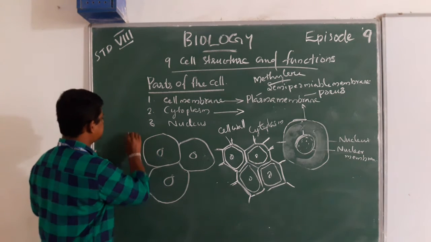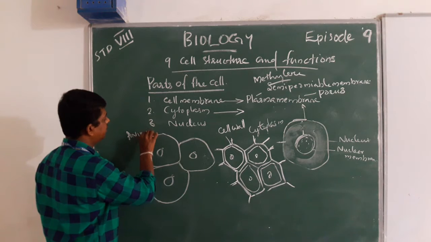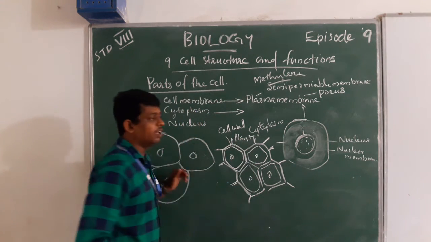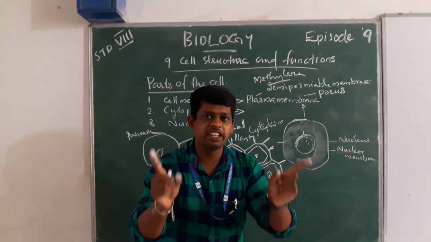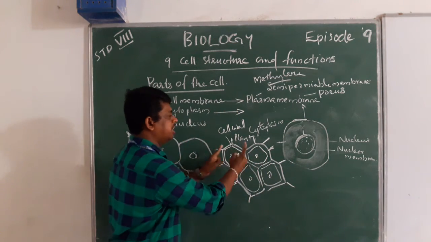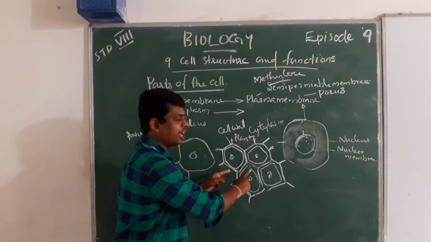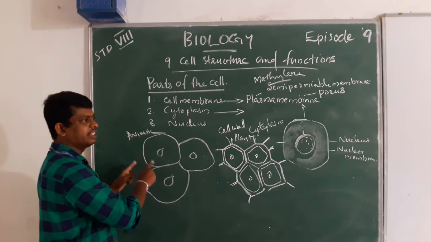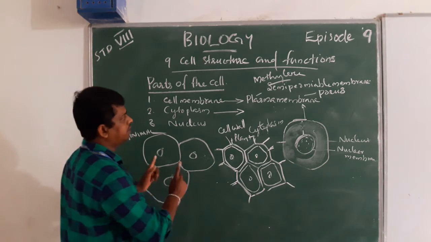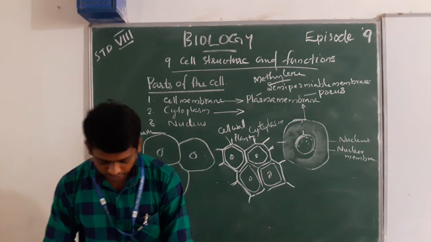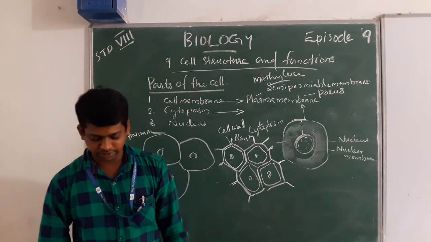That means this is the animal cell and this is the plant cell. The main difference is that the plant cell has a cell wall and the animal cell has no cell wall. This is the observation.